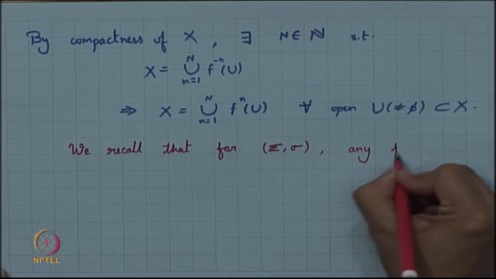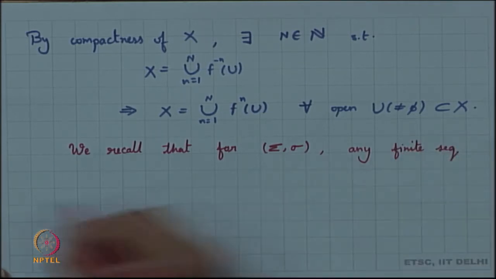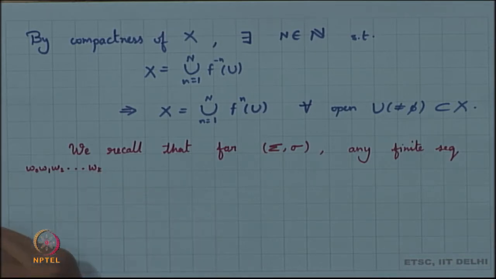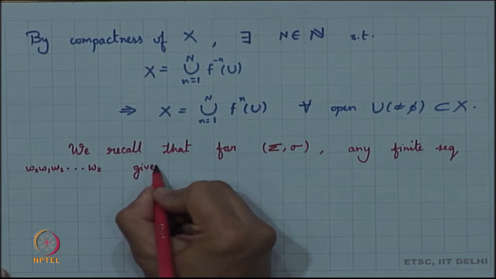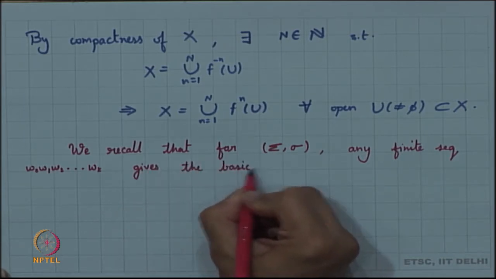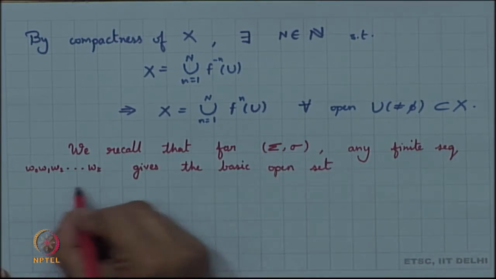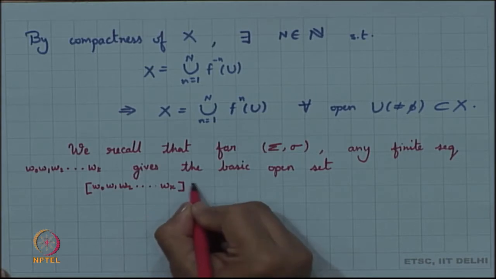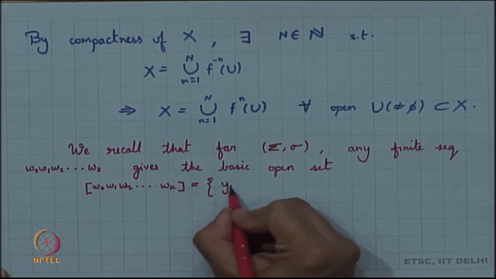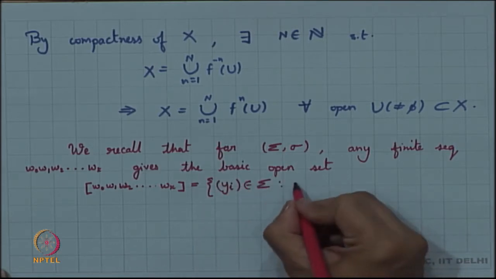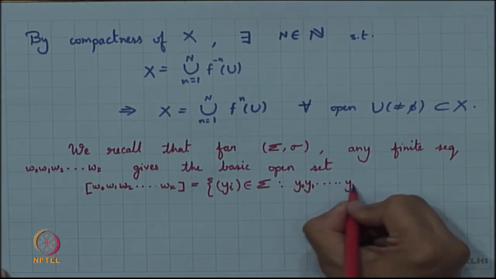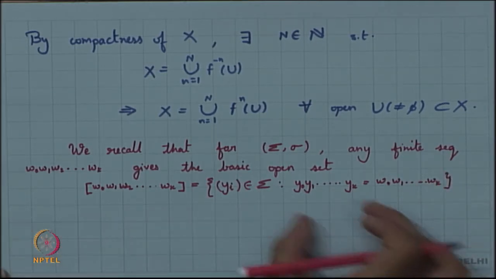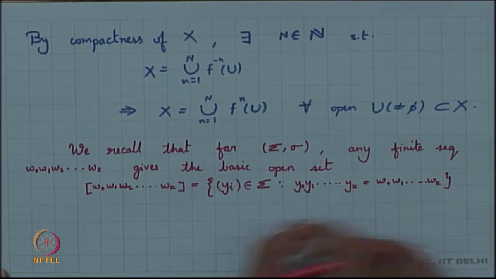Any finite sequence, say w_0, w_1, w_2, up to w_k, gives a basic open set, which is basically our cylinder set, defined as the set of all y in Sigma such that y_0, y_1 up to y_k is the same as w_0, w_1 up to w_k, and then the rest can be anything.